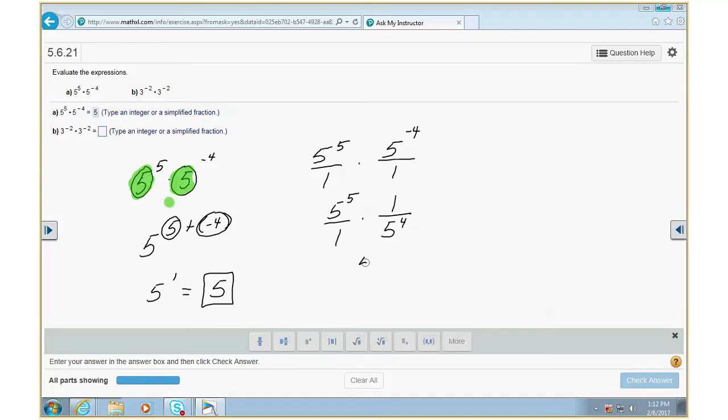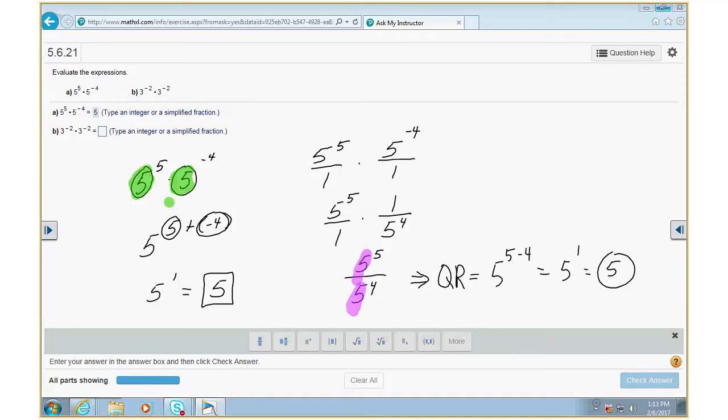And that's 5 to the 5th over 5 to the 4th. What can we use here? Quotient rule. The quotient rule says that if you have the same bases, what can you do with the exponents when you divide? 5 minus 4, which is equal to 5 to the 1st, which is equal to 5.